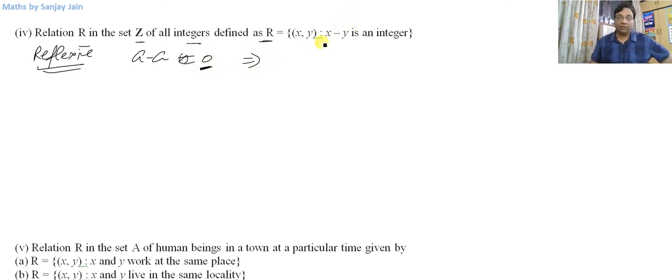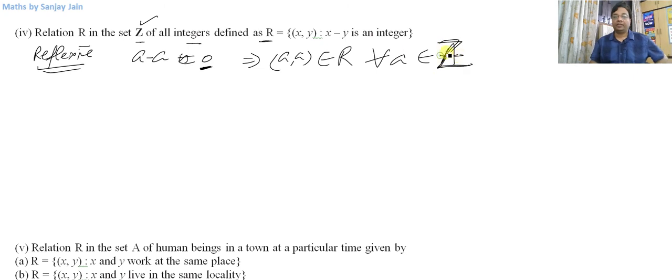So A comma A is present in the relation for all A belonging to the set of integers, because I have defined relation R in set Z. Whatever integer I take, A comma A is always present in this relation R, because A minus A gives 0. As per the definition of this relation, A minus A should be an integer, and it is very well an integer because it is 0. So A comma A is present, hence it is reflexive.